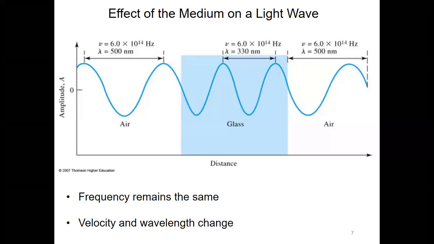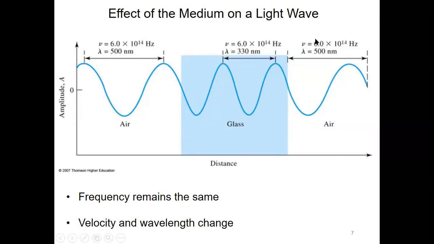Now let's see what happens when the light wave passes through different media. Suppose the light wave passes through air, then a glass medium, and again air. Because the source is the same, the frequency remains the same.